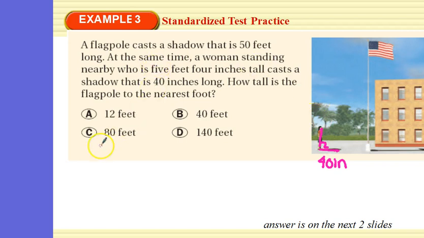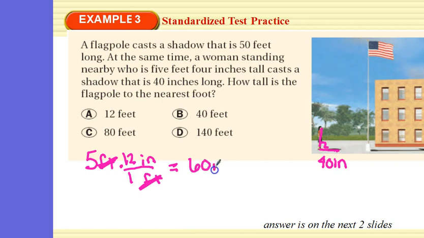How many inches are in 5 feet? There are 12 inches in 1 foot, because the feet are diagonal, you cancel them out. 5 times 12 is 60, so 60 inches, plus the 4. So she's 64 inches tall. Now the flagpole.